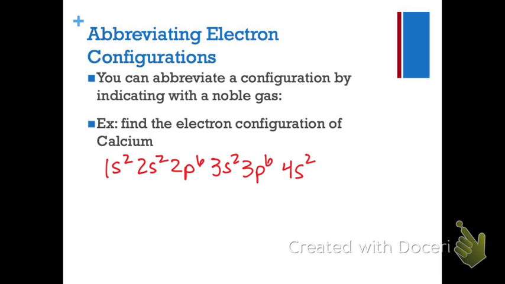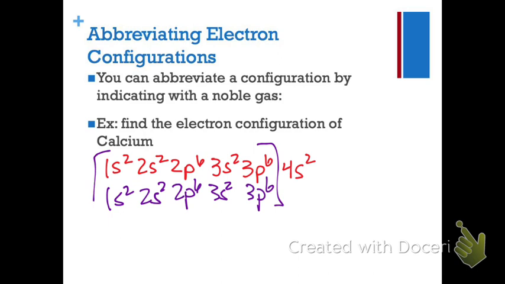Now, I want you to tell me what is the noble gas in the energy level above calcium. So I want you to go to calcium and work backwards until you get to a noble gas. What is it? Argon. Okay. Now, what is the configuration for argon? Argon is 1s2, 2s2, 2p6, 3s2, 3p6, isn't it? And so don't those look identical up until that point?